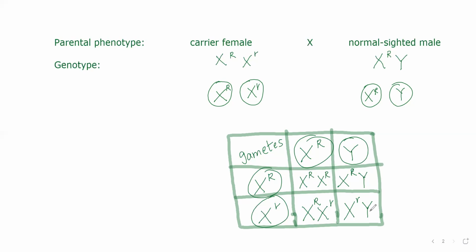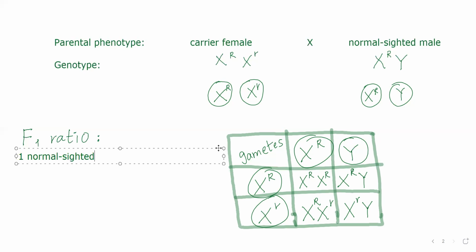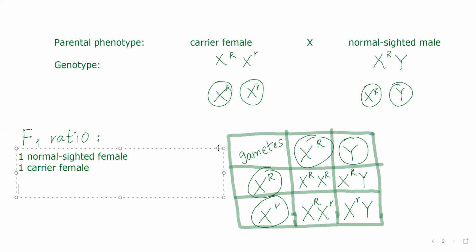Now we have to see what my F1 ratio is. This is one normal sighted female, as you can see, both capital R. Then one carrier female, one small r and one capital R. Now let's go to males.